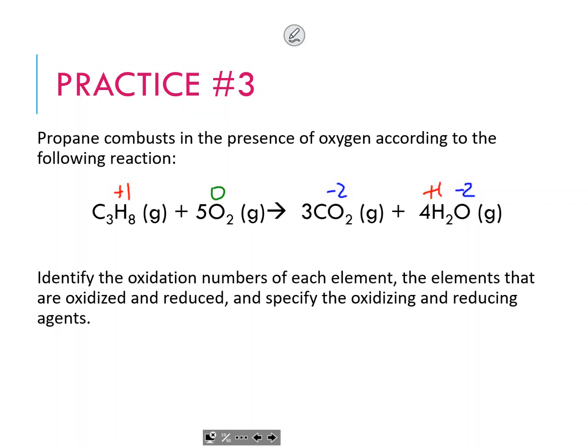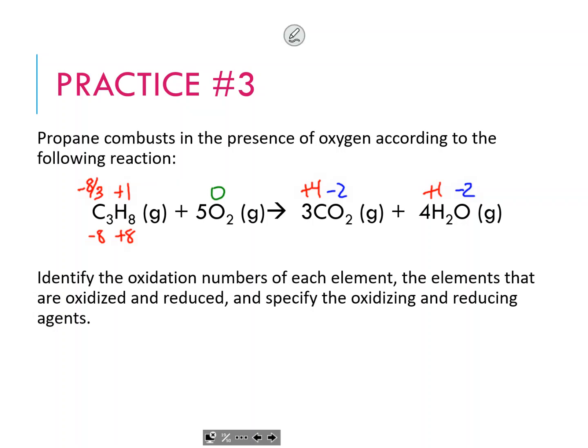Here, carbon dioxide's pretty easy. We've already done this one a few times. That's +4. Now we're going to get a fractional one for the C in propane, because the hydrogens are going to be +8. So we need this to be -8. How do we make that one be -8? Fraction. Negative what? 8/3? Yep. Alright, so now we have our oxidation numbers assigned. We can look at which elements are being oxidized, which elements being reduced.